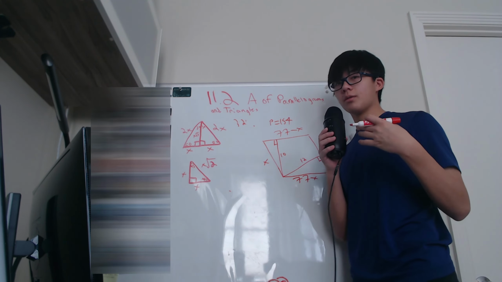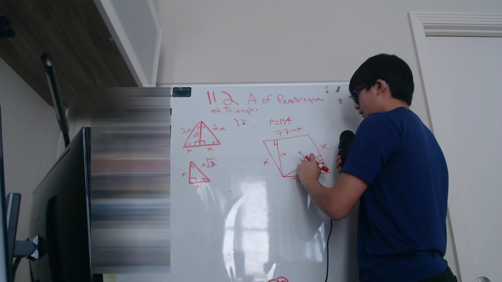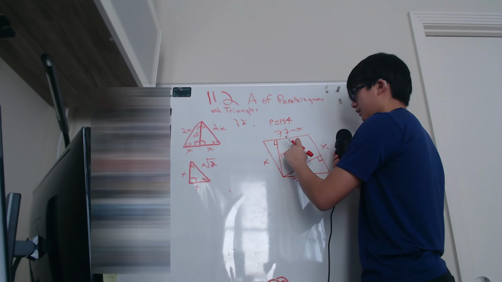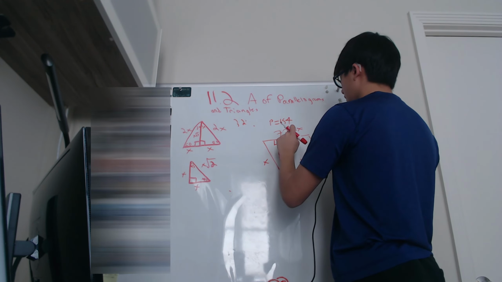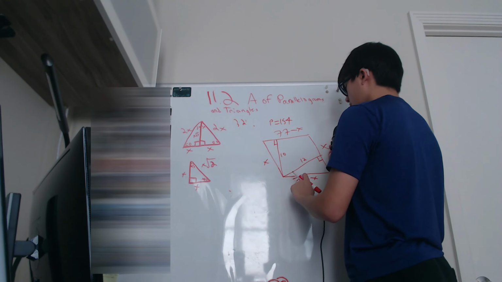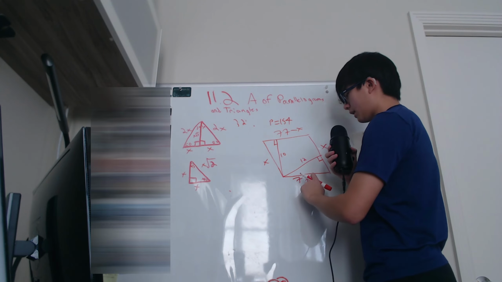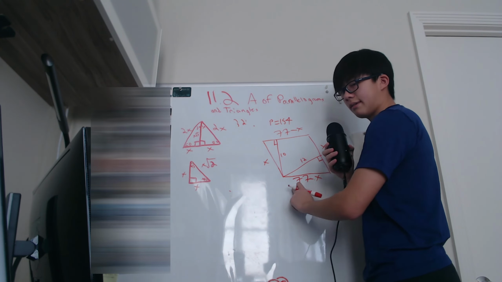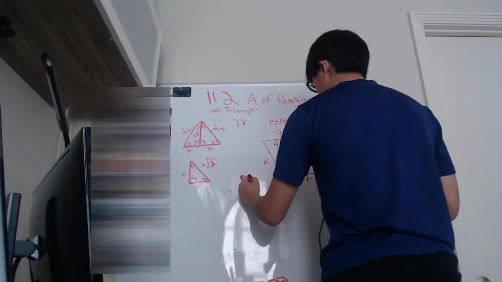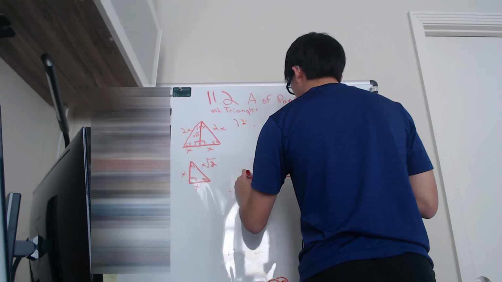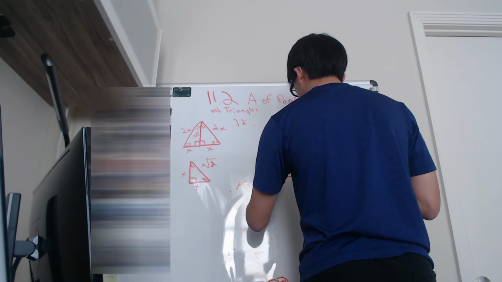This is similar to the other problem we did. We know both of these are heights of this parallelogram, depending on the orientation of it. So let's try to do it with this side first. We know that the base is 77 minus x, and we know the height is 10. So the area will have to equal 10 times 77 minus x.